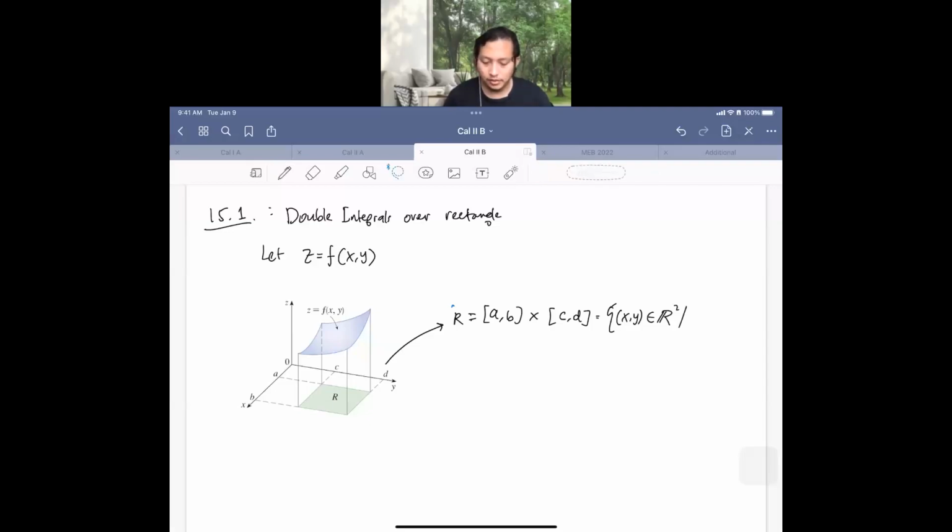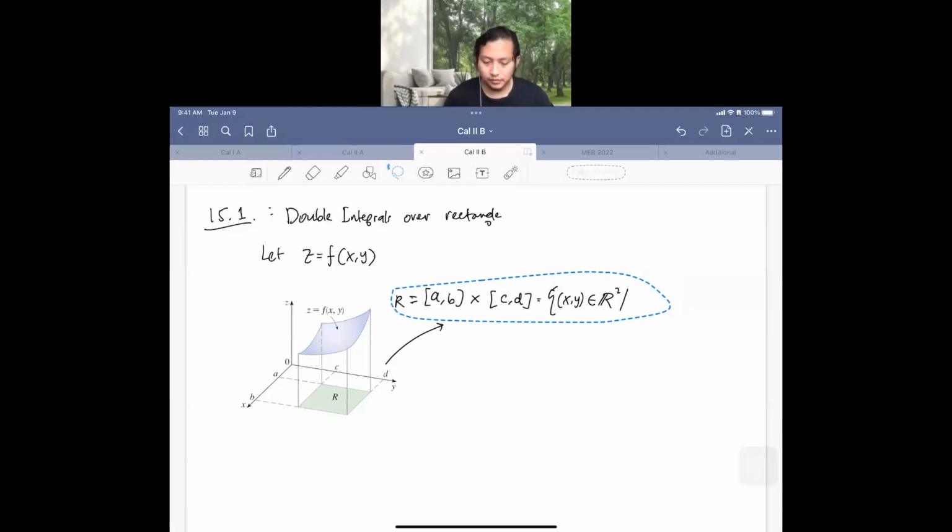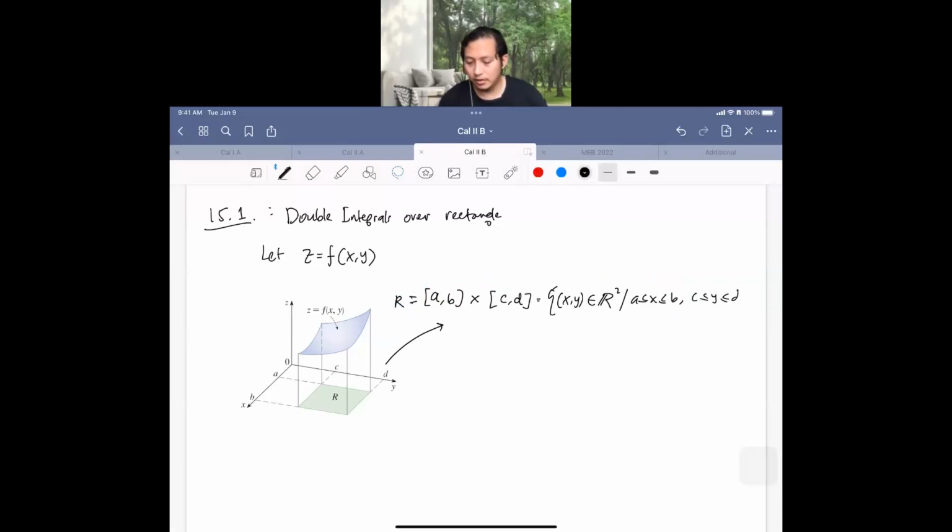Let me make it a little bit to the left. Okay, with a, b, c, and d. Okay, we have this y and x.